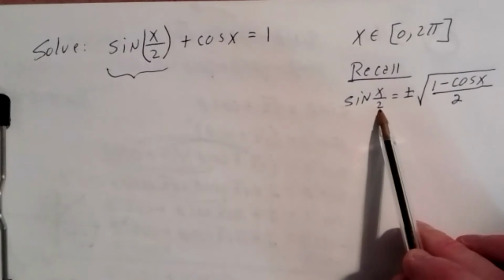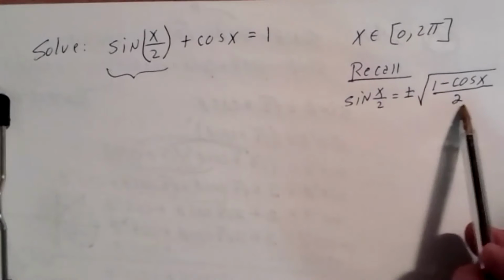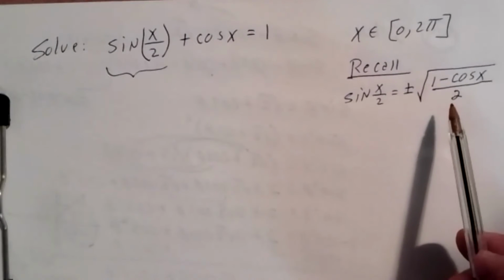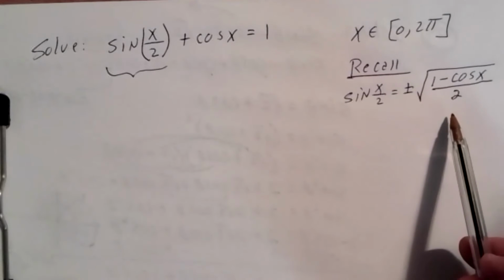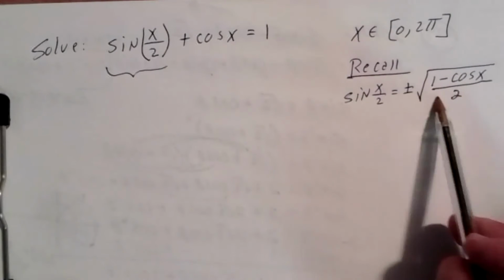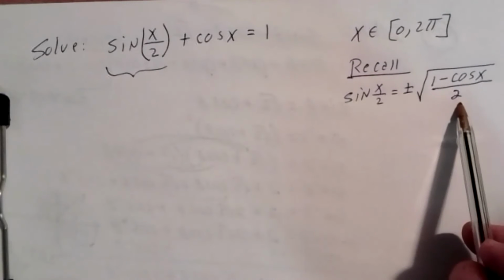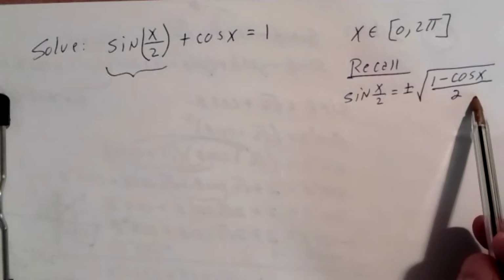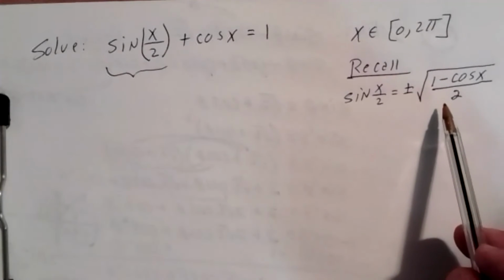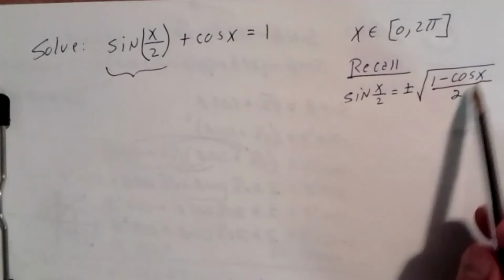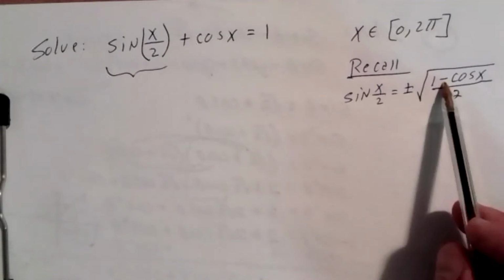So this is the correct identity for the half angle for sine, correct? It's not over 1 plus cosine x. It's just over 2. The 1 plus cosine x is the cosine x over 2 identity. Cosine x over 2 would be the square root of 1 plus cosine x over 2.